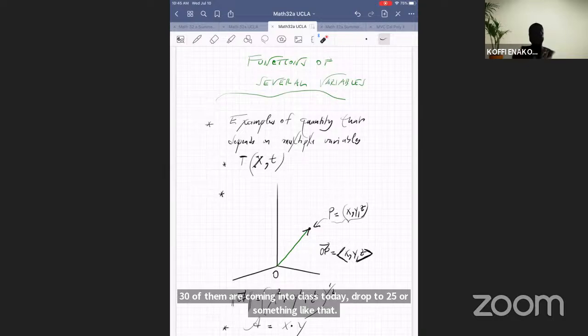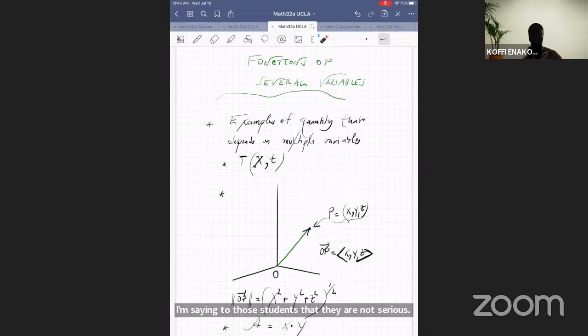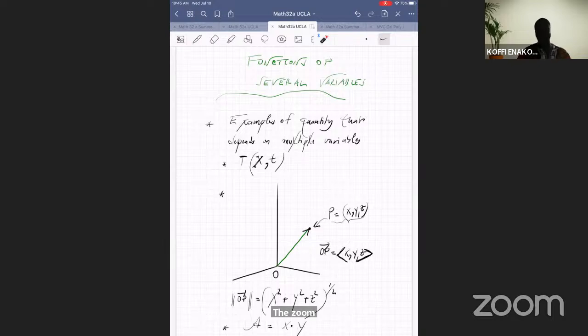Some of them still cannot access the class, and then they say it's a problem. Listen, that's just hilarious from my perspective, because since this is the third week, if a student doesn't know where to find the Zoom link or cannot enter, that means the student is not taking the class.